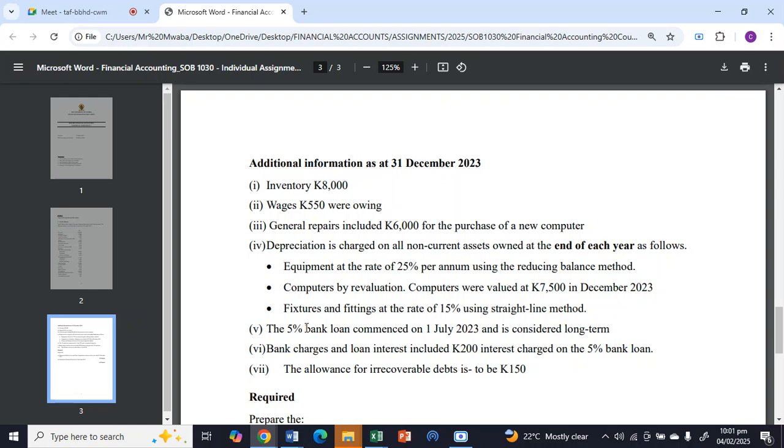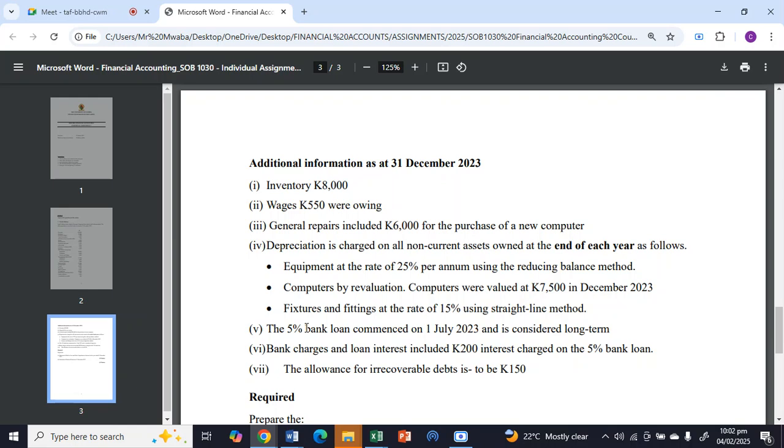Here we need to find out how much interest needs to be paid from the time the loan begins up to the end of the year.